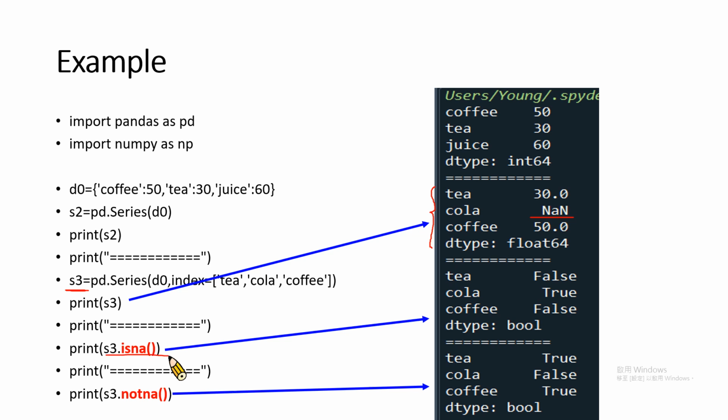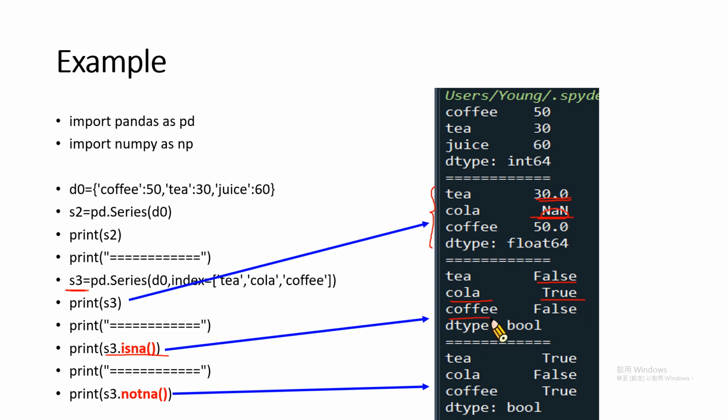Now if we execute the isna method, it will test the values of S3. For each value, it will test if it is NA or NaN. For tea, the value is 30, so it's not NA, and the result is false. For cola, because the value is NaN, the test will be true.